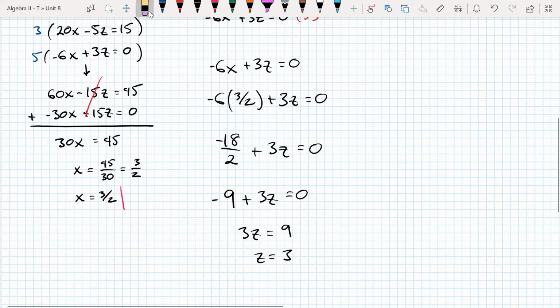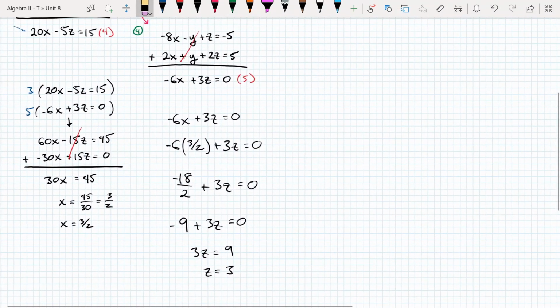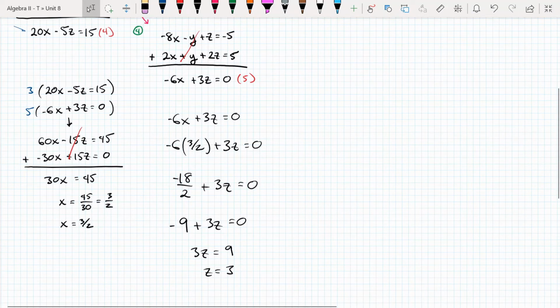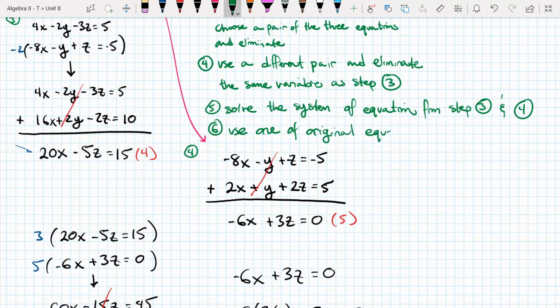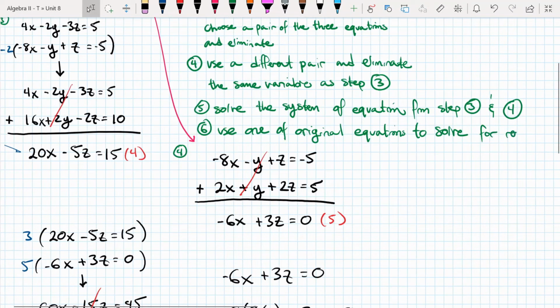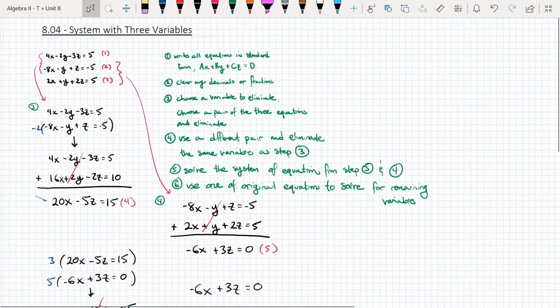So we have x and z, and so now the last and final step here, step 6, is we're going to use one of the original equations to solve for the remaining variable. All right, so we're going to use one of the originals to solve for the remaining variable.